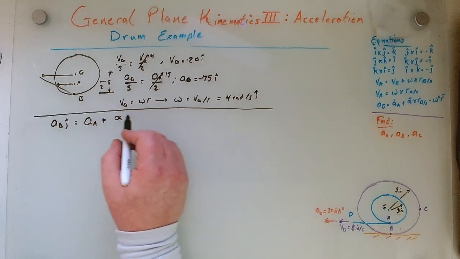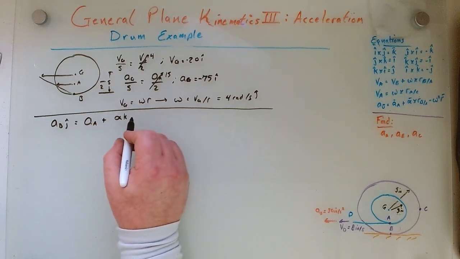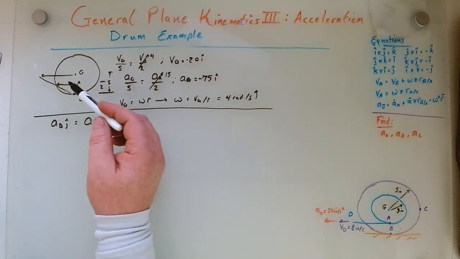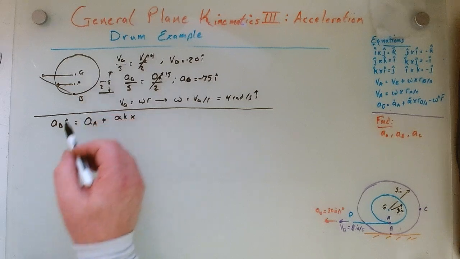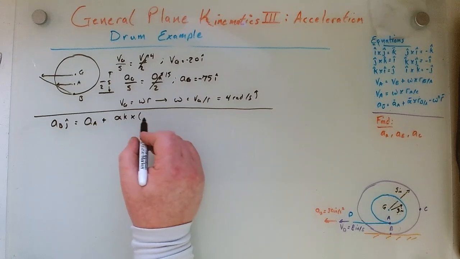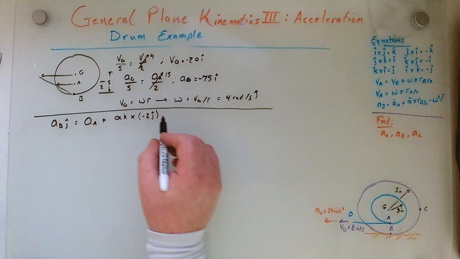So alpha, in the k direction, crossed with r, and in this case r is the vector from A to B, because we're calculating B. So this is crossed with minus 2j.